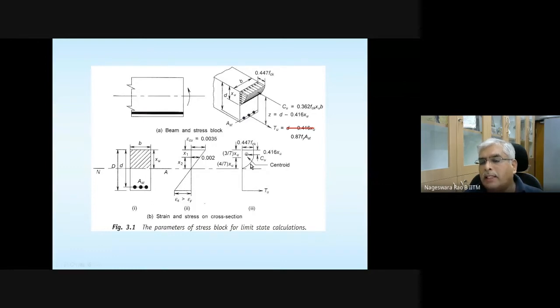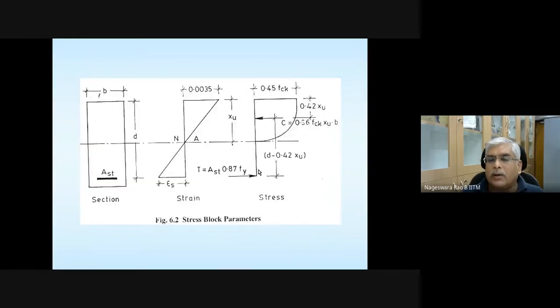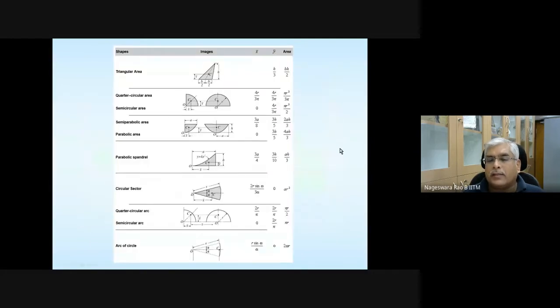And where is the compressive force contribution from this semi-parabolic region going to act? I told you to make a note of this CG location here. Y bar is 3H divided by 5 from the bottom of this semi-parabolic region.